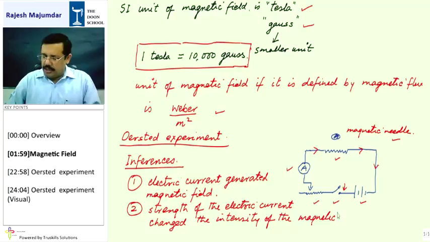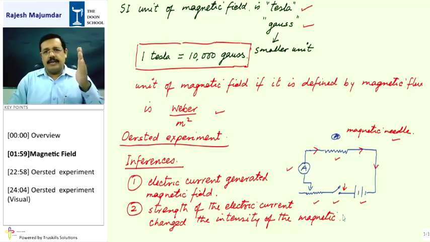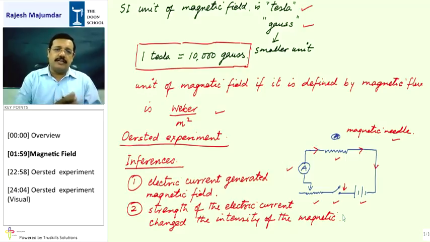How was this noted? When the current was increased, there was more deflection of the needle. When the current was decreased, there was less deflection in the magnetic needle. So it was directly observed that the strength of the electric current changed the intensity of the field.